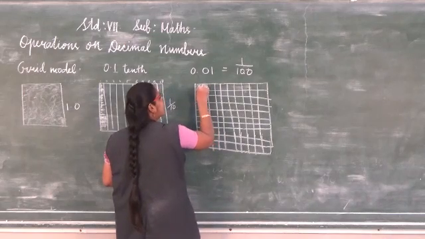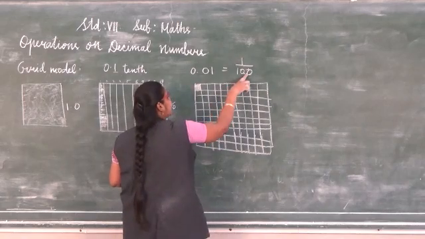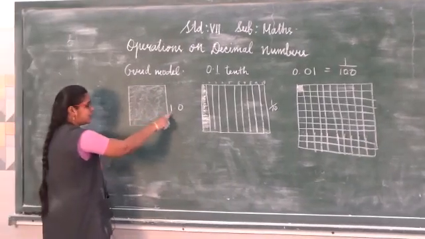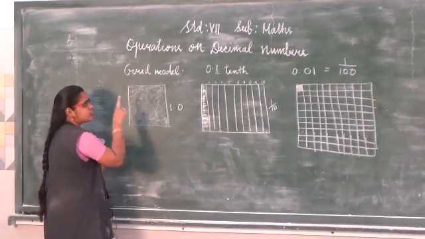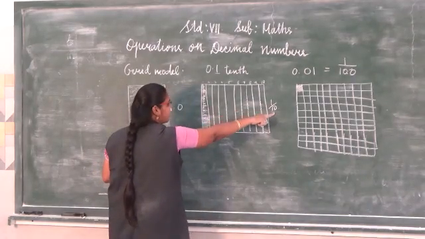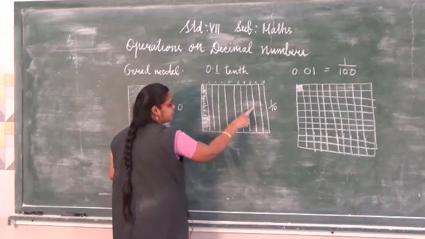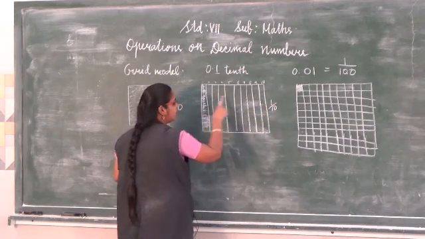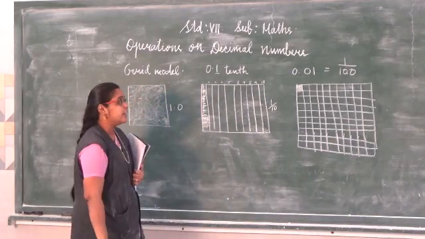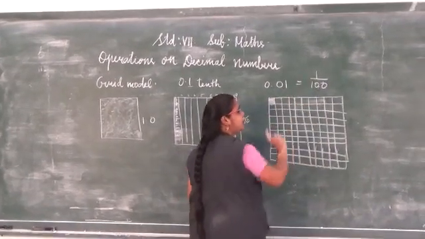Now for 1 by 100, this one square part will be the shaded part. 1 by 100 means this is the way you have to draw in the grid. So for 1, this is the whole number part. 0.1 is nothing but 1 by 10, so 10 columns must be there and 1 part shaded. 0.01 can be written in fraction form as 1 by 100.